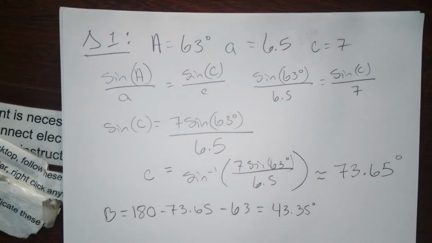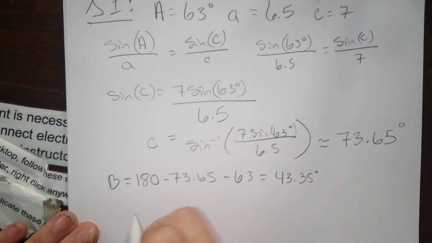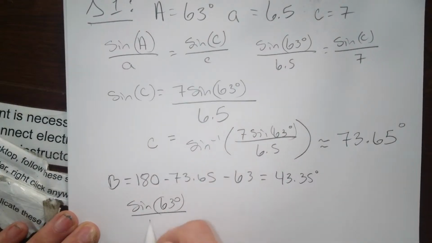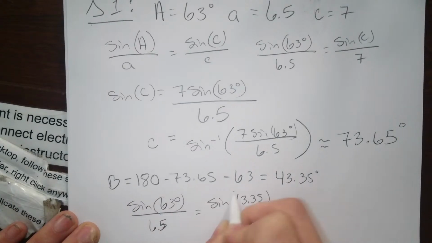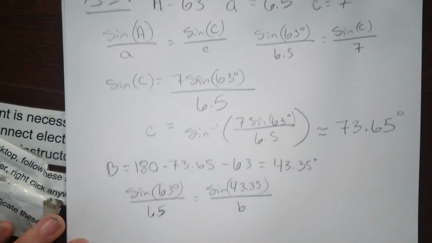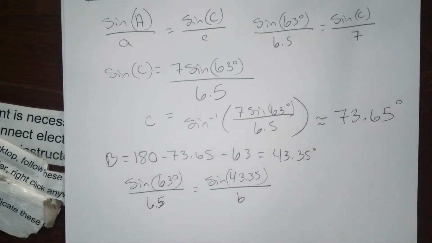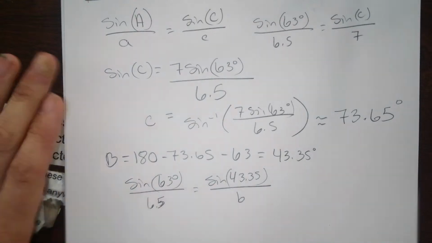All right, so we found angle B, angle C. What do we have left? Side B, how do I do it? Law of sines, right? So I'm going to do sine of 63 degrees over 6.5 equals sine of 43.35 degrees over B. A little cross multiplication, a little division.